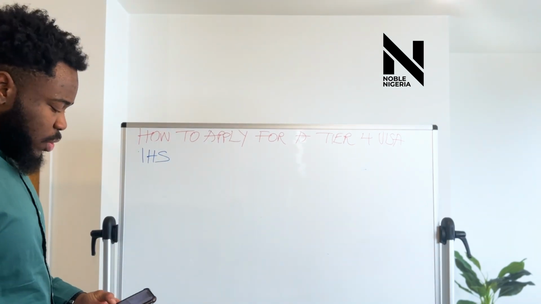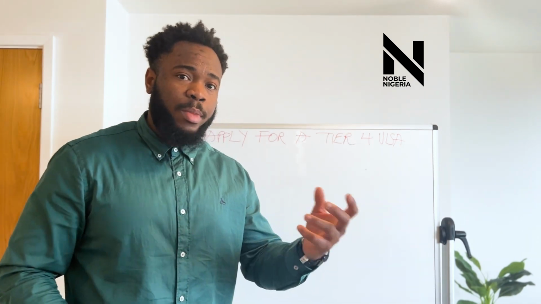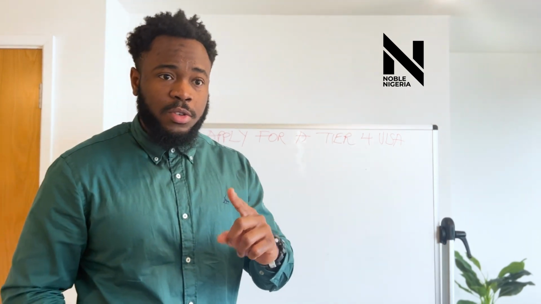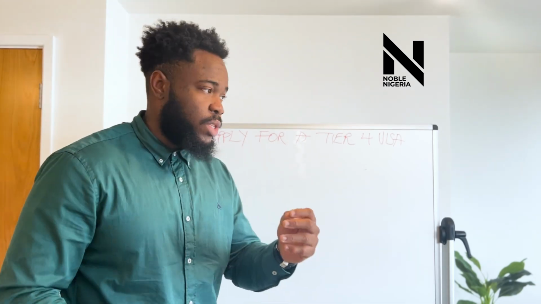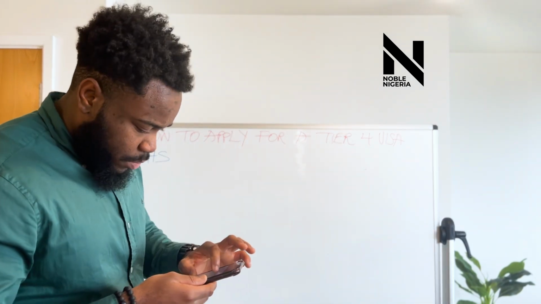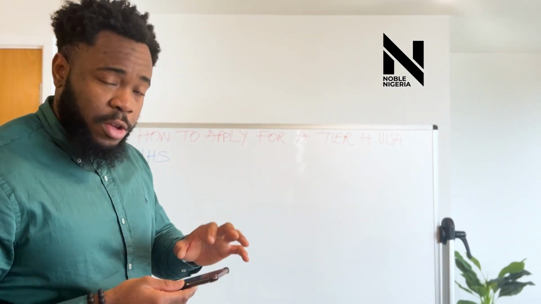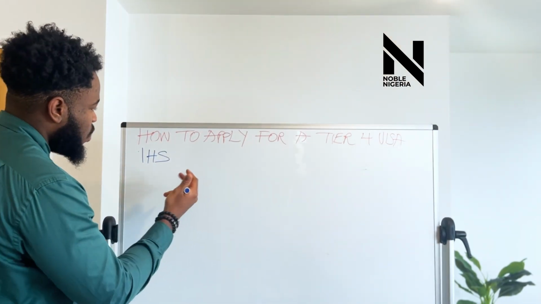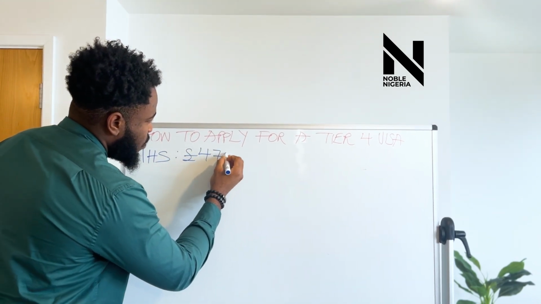So let's say you're coming to the UK for your masters. Again, in part 1 of the video, we talked about masters being just 1 year, though some masters are 2 years. So take note. Undergraduate is 3 years or 4 years. For each year you're gonna be spending in the UK, you're gonna be paying an IHS surcharge fee of £470.